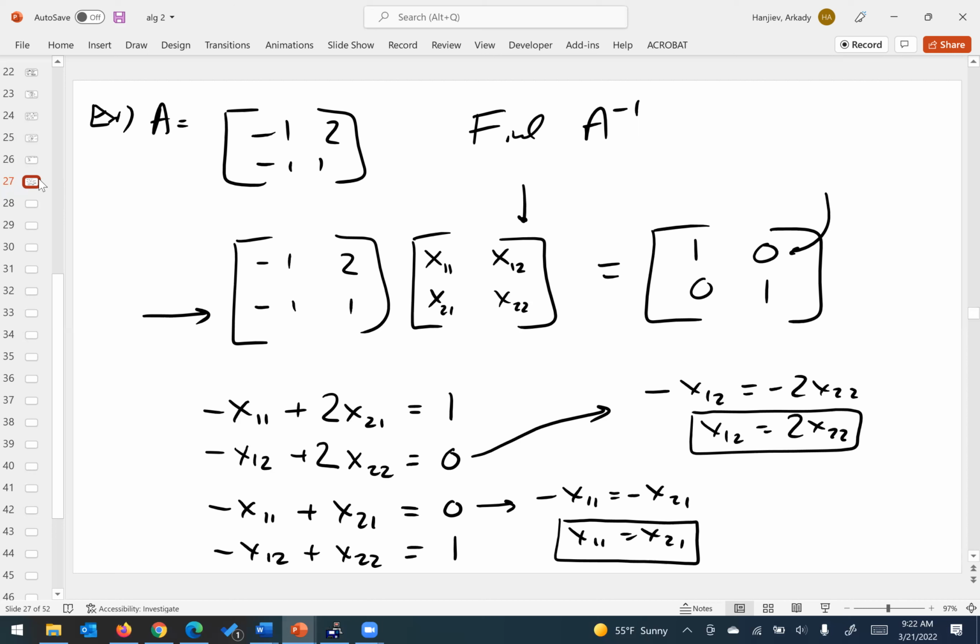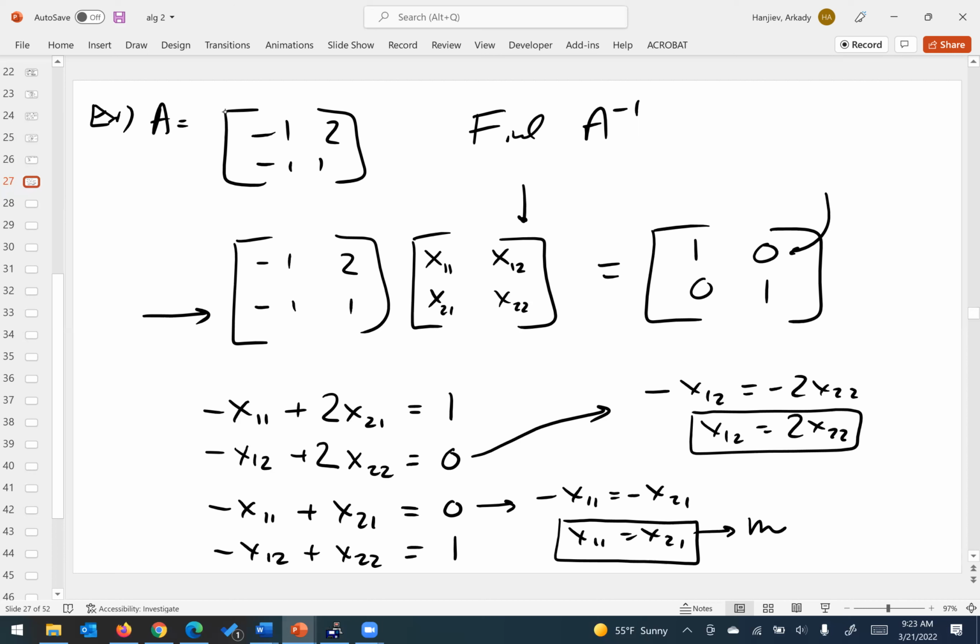Then could we add together the two equations for X11 plus X21? We could, or we could just do this right here. Since these guys are exactly the same, let's use some kind of variable. I'm going to call it M just to be way different from everything else.